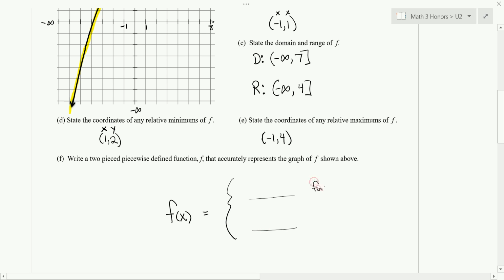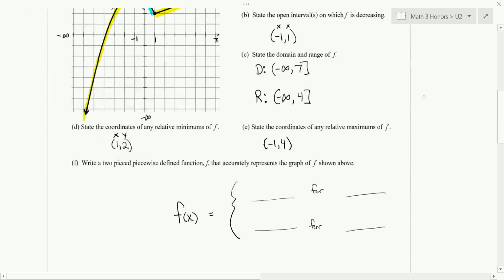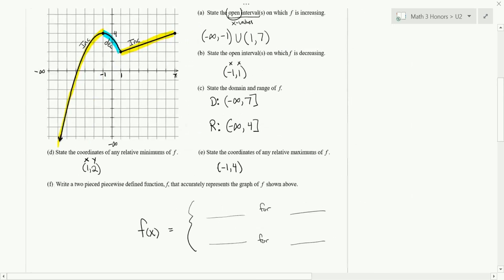So you're going to put the word for, and then the domain restriction. And so I want you, again, just go ahead and do that. We have some experience with this. So find out the equation of both those pieces, put them on, and state the restrictions and domains. Remember, the domains here are not in interval notation. We're going to use inequality notation for those restrictions.